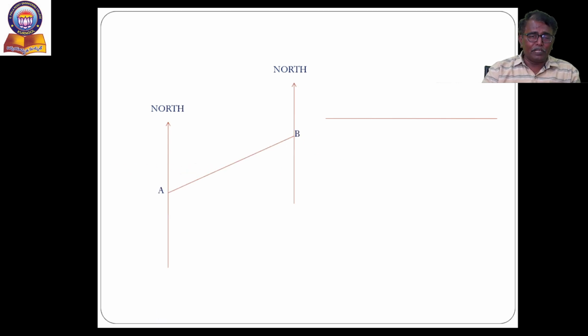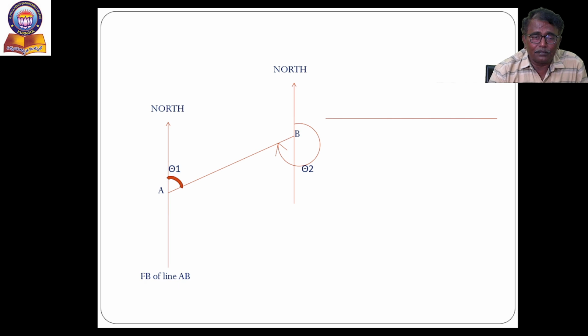Let us say A and B are the two stations. From A we are moving to B. If the bearing is measured from A to B, that is theta 1. Theta 1 is the fore bearing of line AB. Whereas if the instrument is over station B and the bearing is taken to A, then that is theta 2, known as the back bearing of line AB.